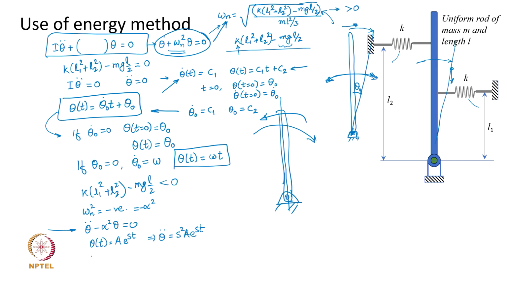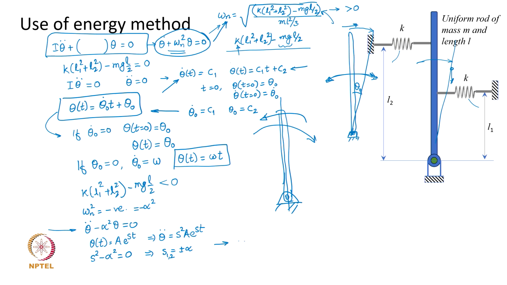So, now I can write this as s square minus alpha square equal to 0, and you can show that s is equal to plus minus alpha. Now, the two roots are given by S1 equal to plus alpha, and S2 equal to minus alpha.